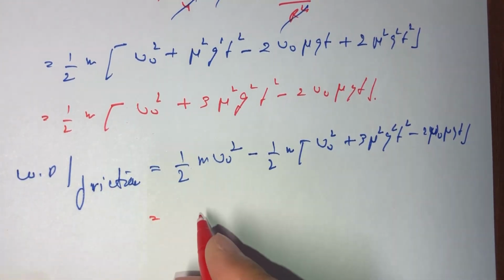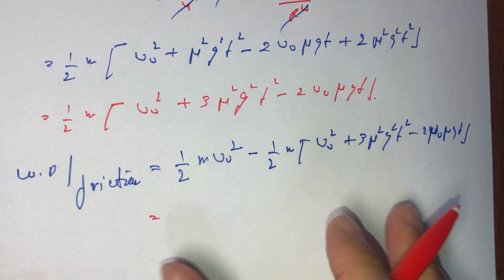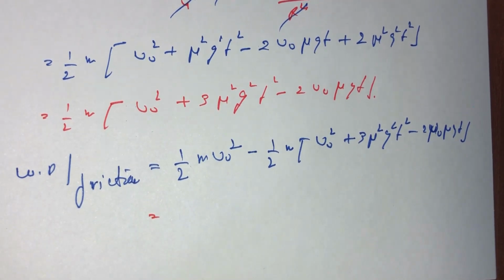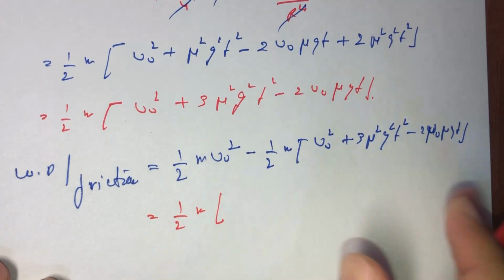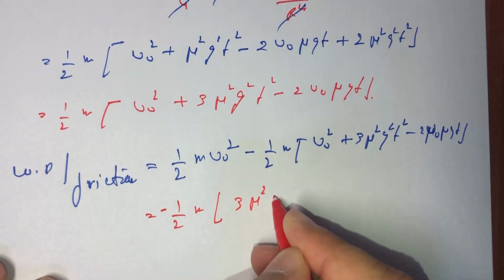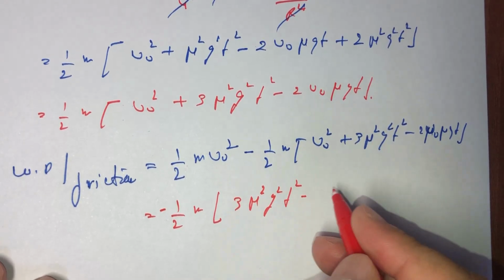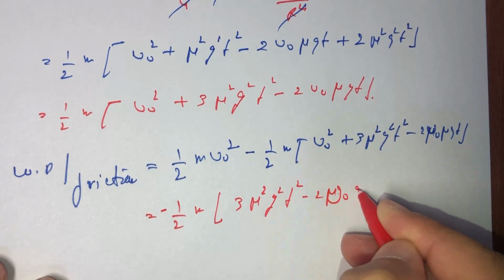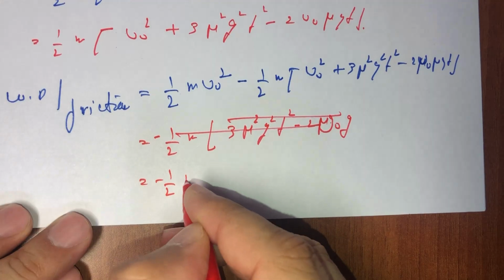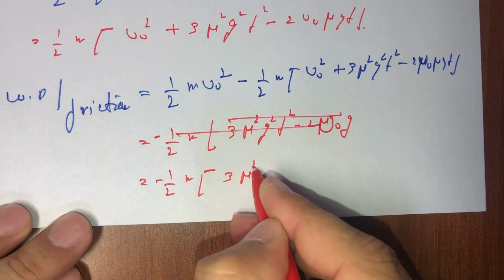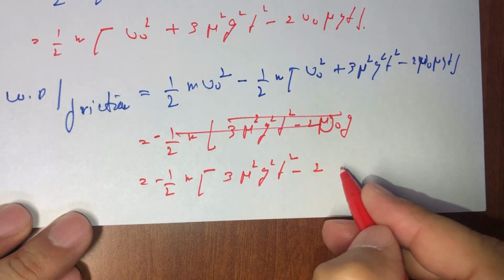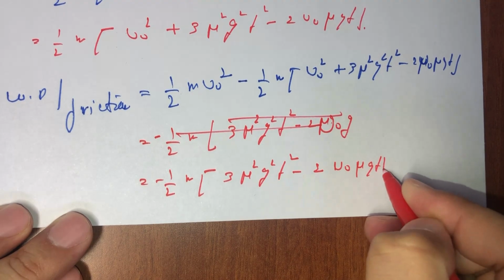So we just open the bracket and subtract. These two terms are going to cancel with each other, and we get minus 1 by 2 m, 3 mu square g square t square minus 2 V naught mu g t.